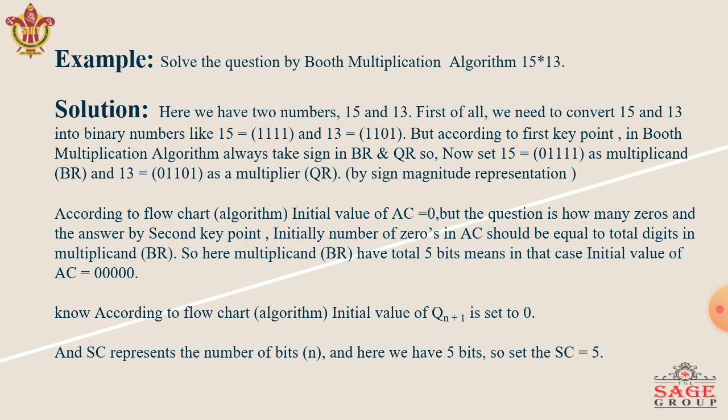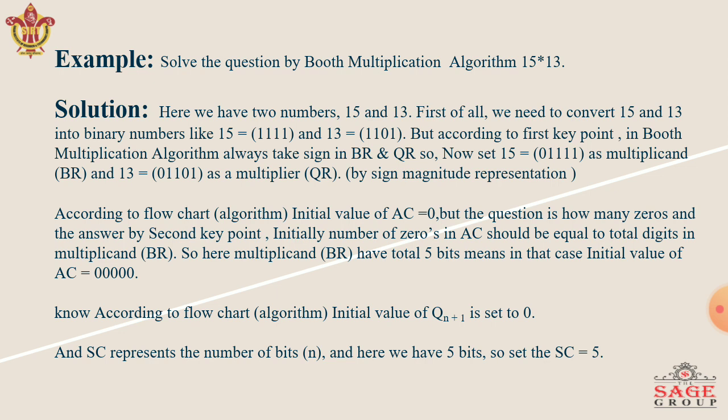According to the flowchart algorithm, the initial value of AC equals 0. But the question is how many zeros? And the answer comes from the second key point: initially the number of zeros in AC should be equal to the total digits in multiplicand BR. Here multiplicand BR has a total of 5 bits, so the initial value of AC equals 00000.